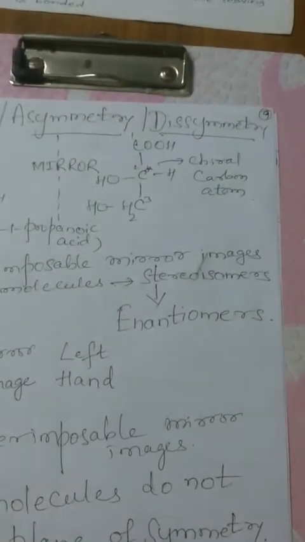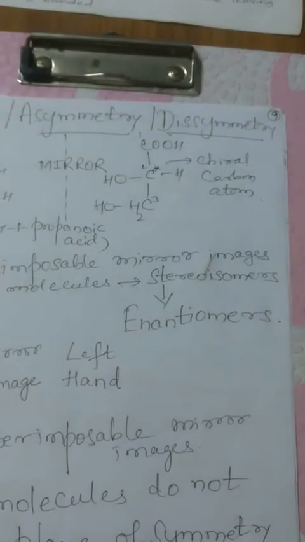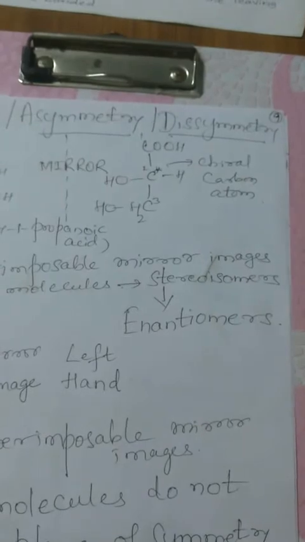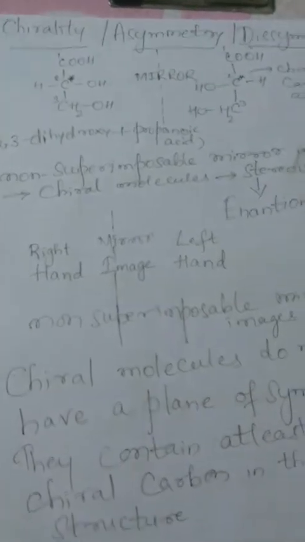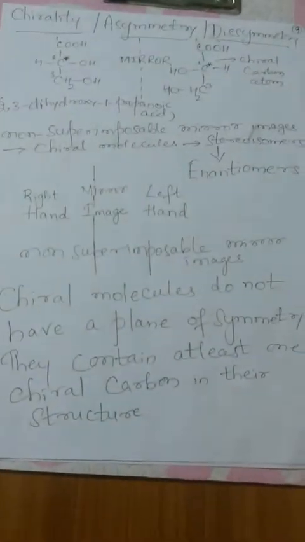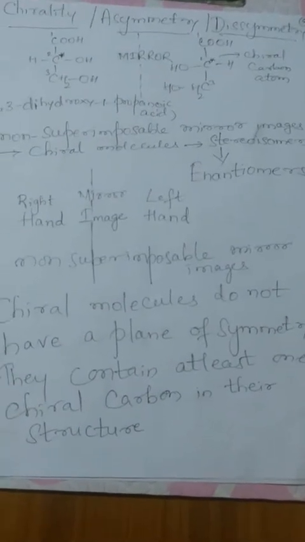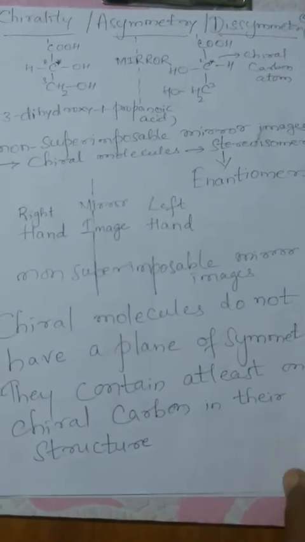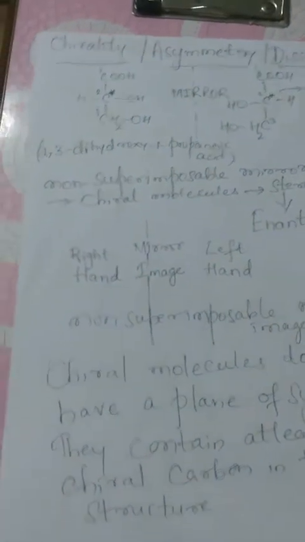So enantiomers are a pair of optically active non-superimposable mirror image forms. Chiral molecules do not have a plane of symmetry. They contain at least one carbon atom which is chiral or asymmetric or dissymmetric in their structure.